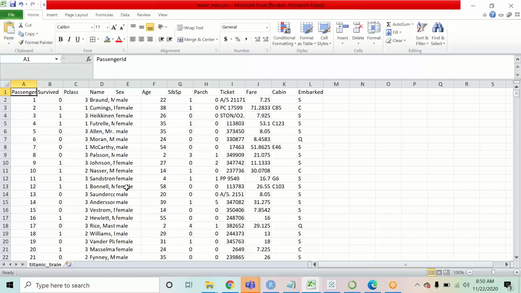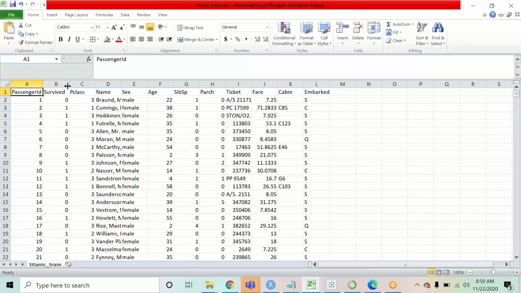So this is the data that I have of the passengers. We have the passenger ID, survived, whether a person died or survived, in which passenger class he was traveling, the name of the customer, the gender, age, whether he was traveling with any sibling and spouse, parents or children, the ticket number, fare, cabin, embarked.